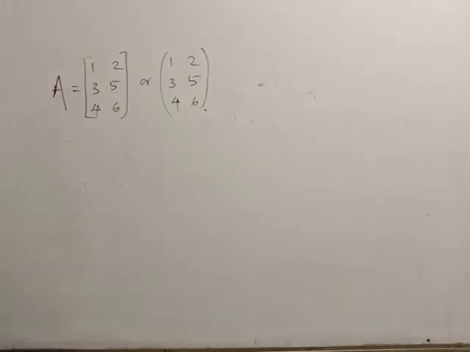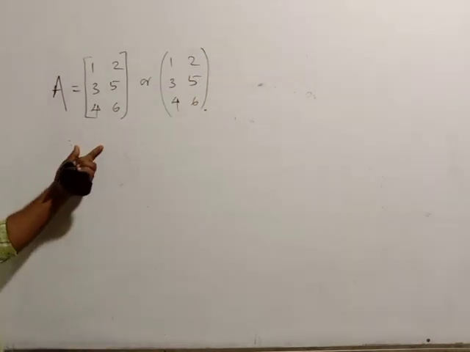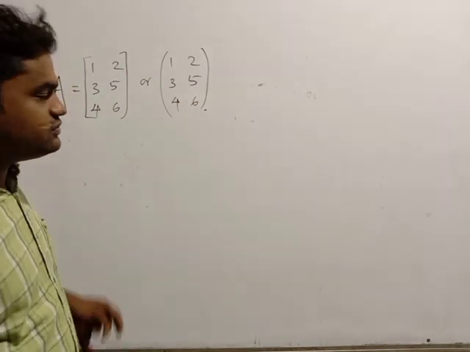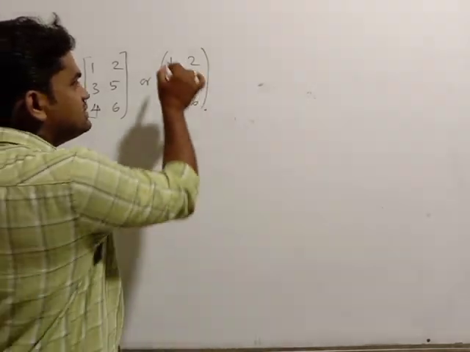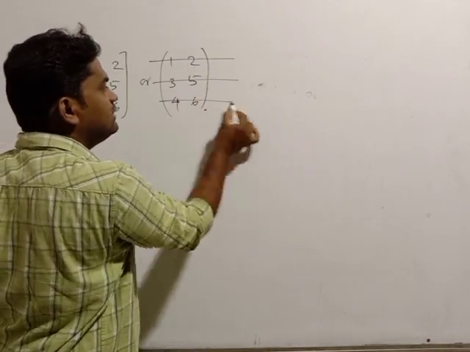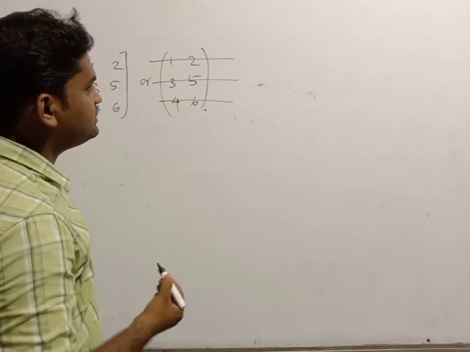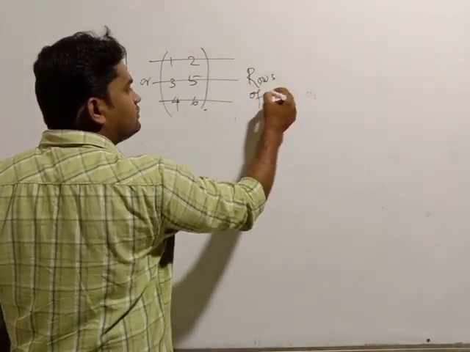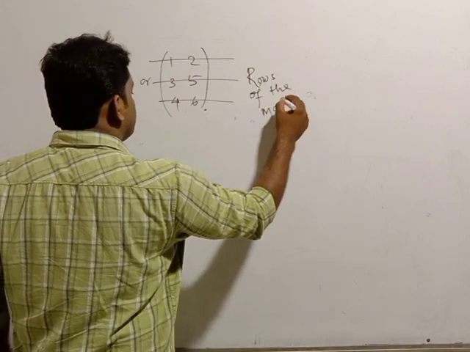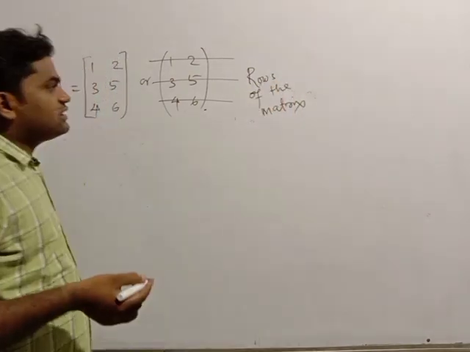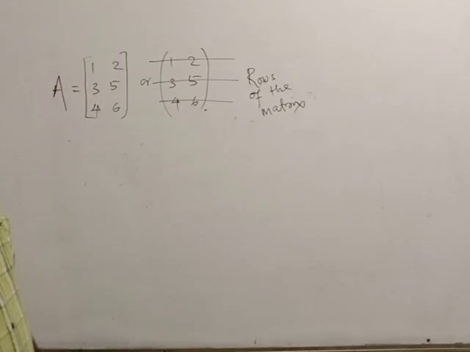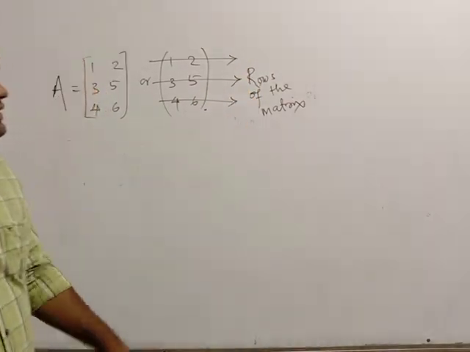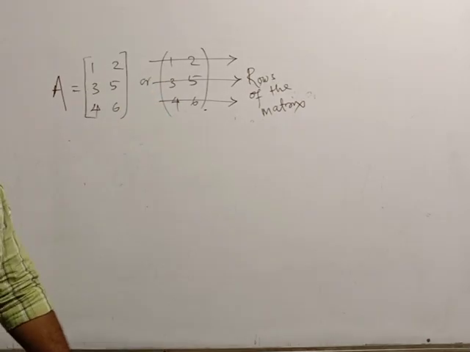In a matrix, the horizontal lines, that means from left to right, are called rows of the matrix.